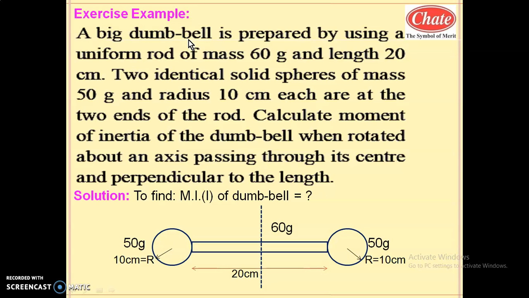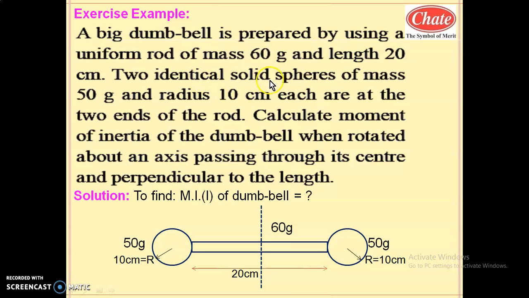So here we have to think about the rod as well as the sphere. A big dumbbell is prepared by using a uniform rod of mass 60 gram. Let us try to draw the diagram. This is a rod of mass 60 gram and length 20 centimeter.